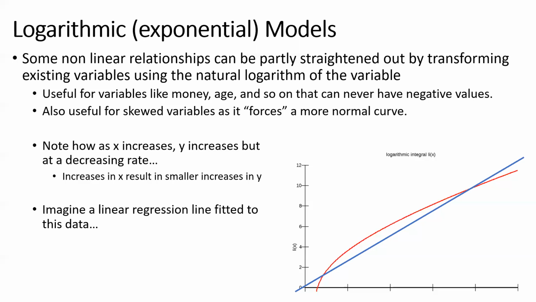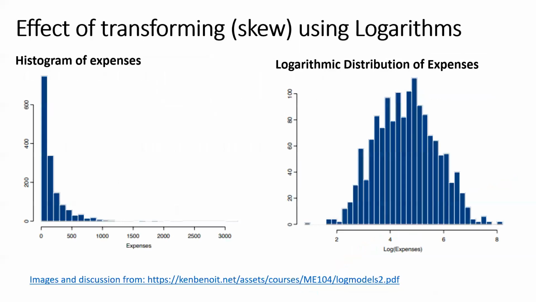So let me show you an example about this forcing it into a more normal curve. And this comes from a website from Ken Benoit. So this is a histogram of expenses. And so you can see most people spent very little, but there are some people, there are these really large skewed values where people spent a great deal, right?